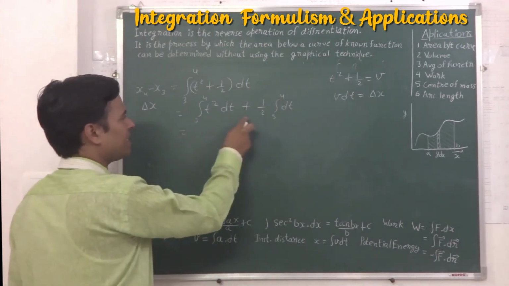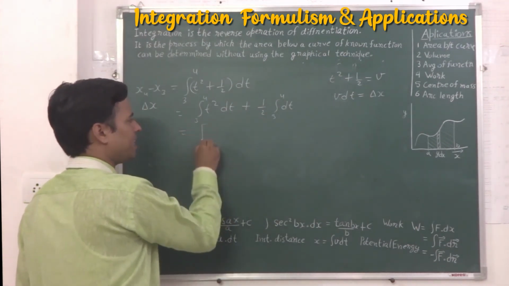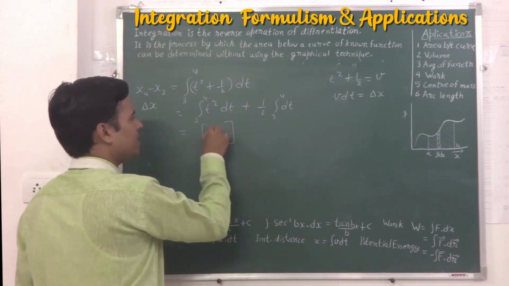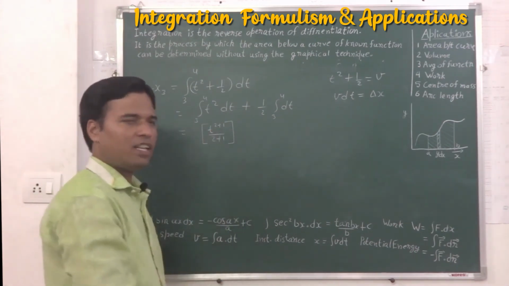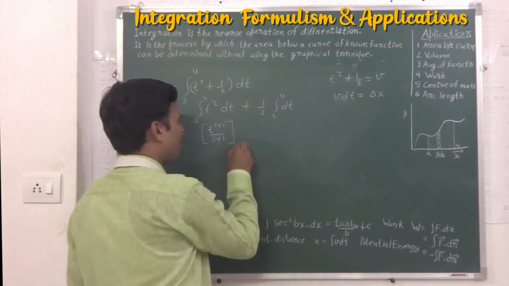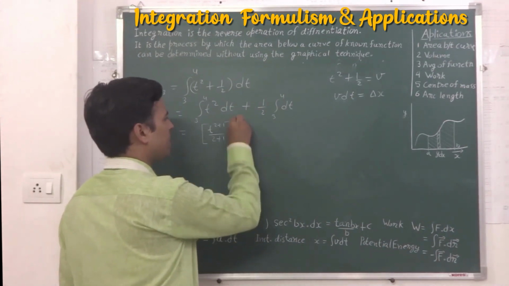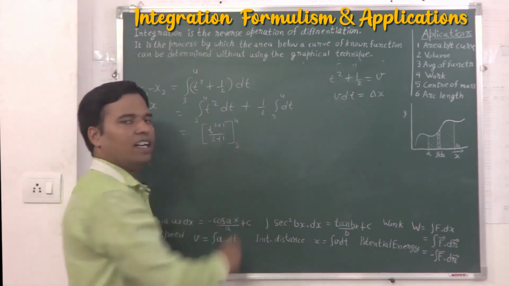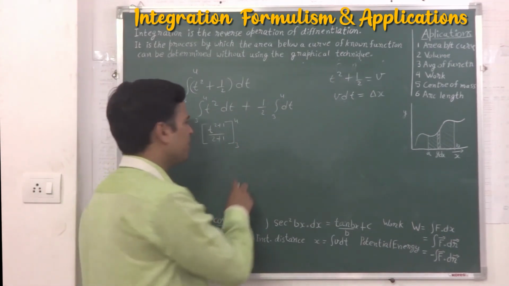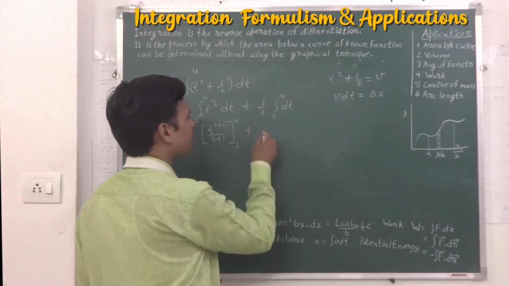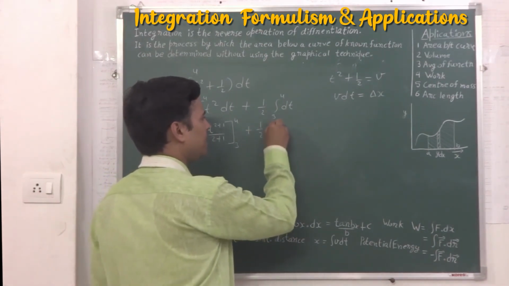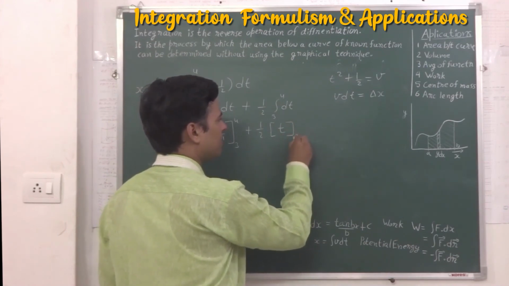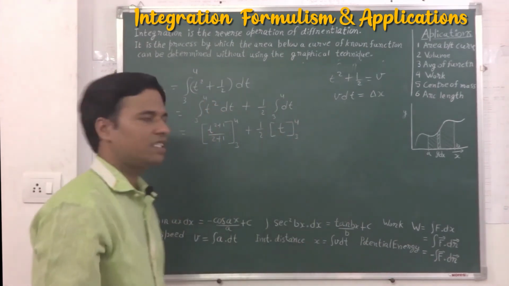Now get their integral and write it in the square bracket: t power 2 plus 1 upon 2 plus 1 from 3 seconds to 4 seconds. Write the limits in the right part of this square bracket. 1 by 2 is outside, a square bracket t from 3 seconds to 4 seconds.